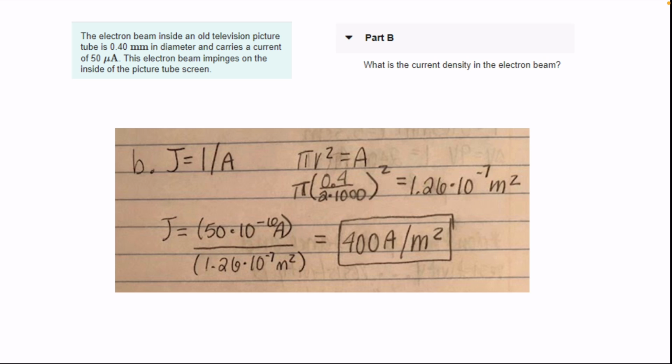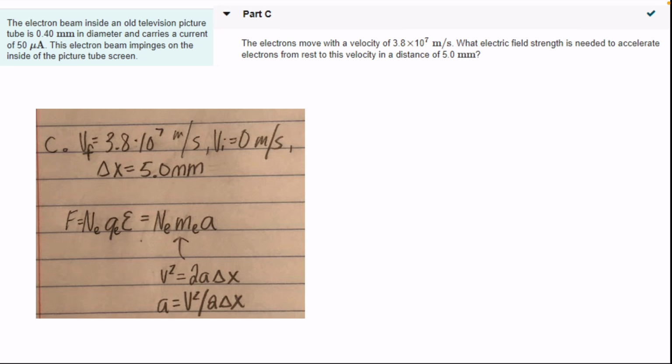So the first thing I did was solve for that area, and I got a value of 1.6 times 10 to the negative 7 meters squared. Then dividing the current we were given by that, we get a total current density of 400 amperes per meter squared. So that's part B.